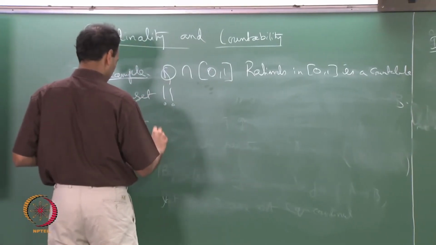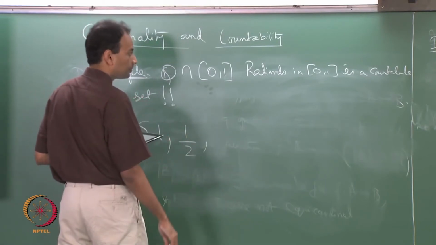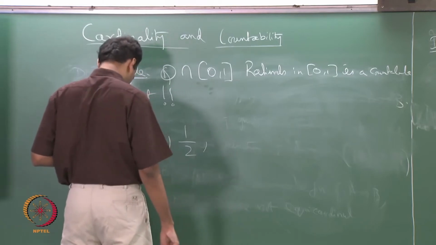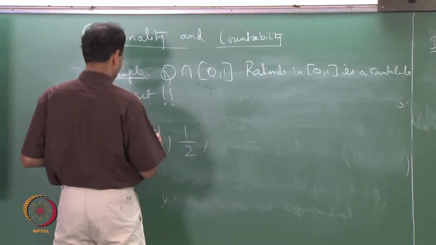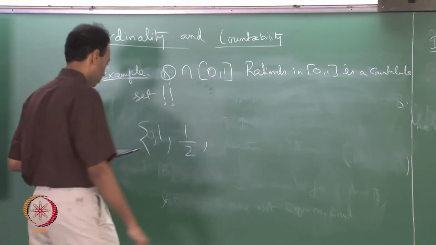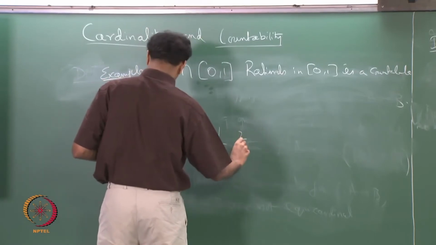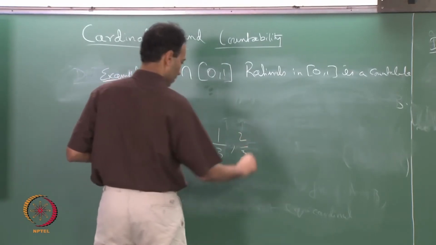You write 1 by 2, well maybe you can put a 0 here if you want, let us be done with 0 first. 0, 1, 1 by 2, then you put 1 by 3, 2 by 3.